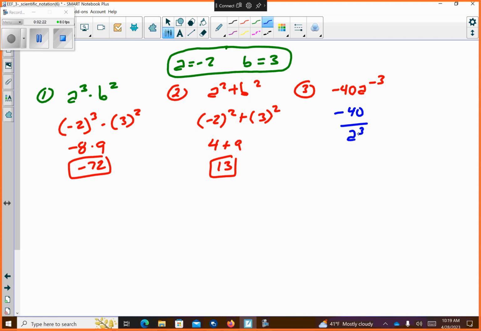It's just the A value is negative. All right, so now I can plug in my A value, which is -2. And so -2 times -2 times -2 is -8. And then negative over negative is positive. 8 goes into 40 five times, so the answer just comes out to be 5.